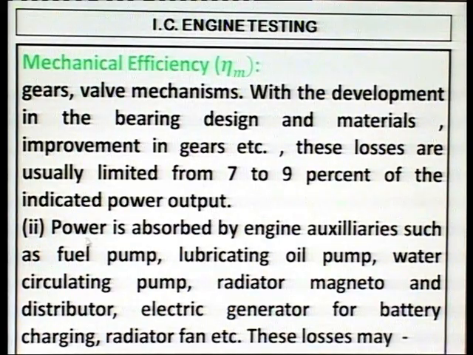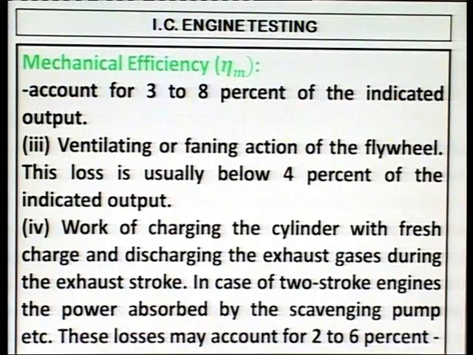Second one is power absorbed by engine auxiliaries such as fuel pump, lubricating oil pump, water circulating pump, radiator, magneto and distributor, electric generator for battery charging, radiator fan etc. These losses may account for 3 to 8% of the indicated output.